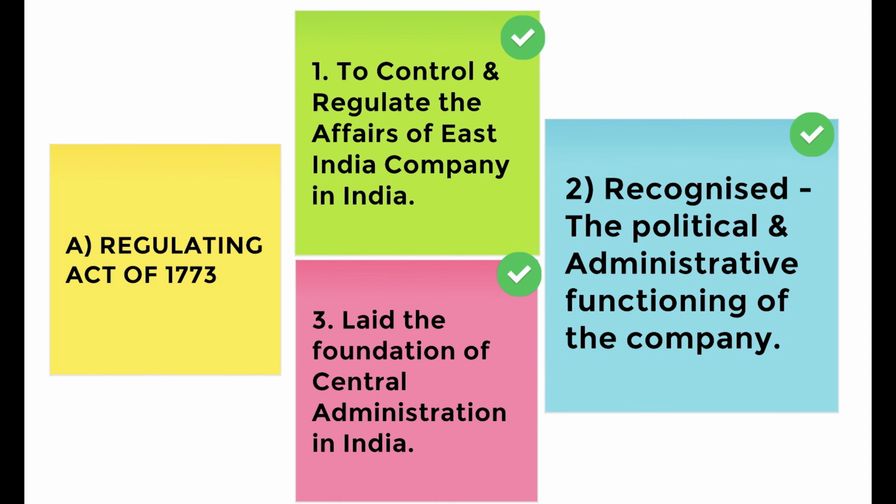In short, whatever the East India Company is going to do, whatever issues are related to the East India Company, especially related to governance, revenue, security, everything would be controlled and regulated by the British government sitting in England on behalf of the East India Company. That means with this act, all the activities of the East India Company would be controlled and regulated by the British government.